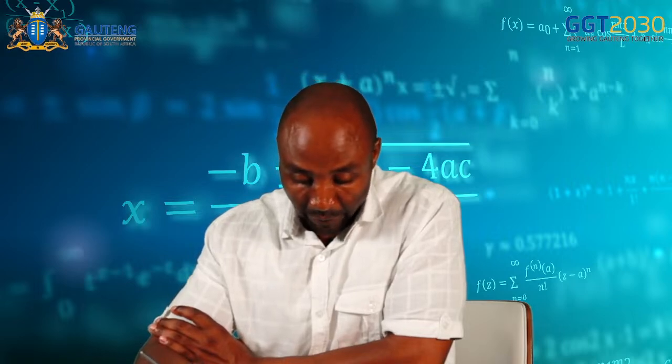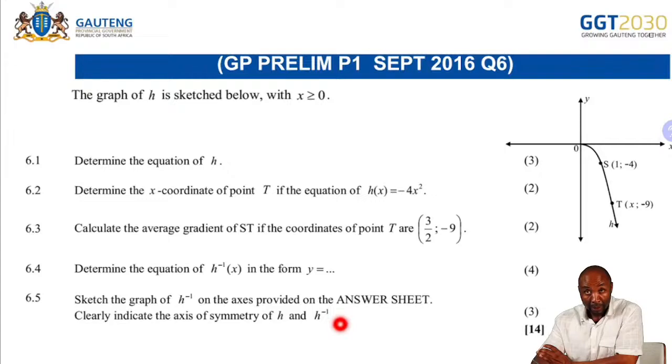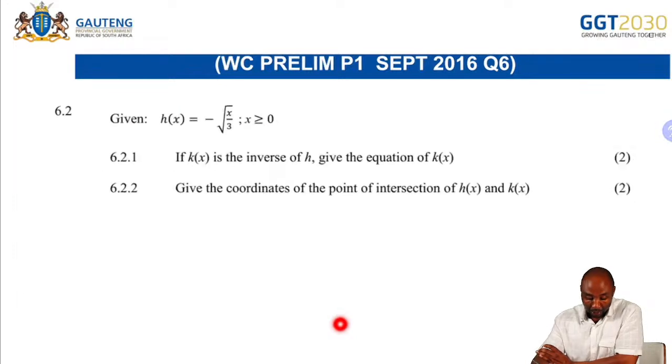We also have another one where you are going to determine the equation and answer the remaining questions. We also have that one where we are given the equation. We are supposed to find the equation of k, which is the inverse of h. And then we also do 6.22, the coordinates of the point of intersection.